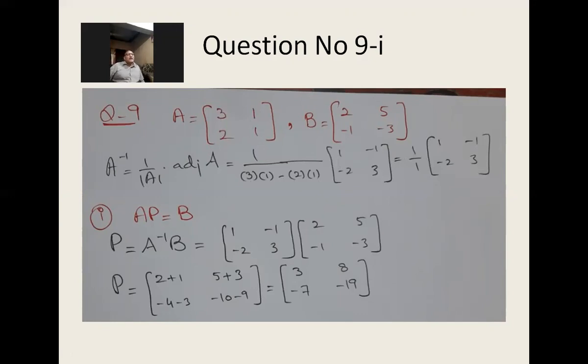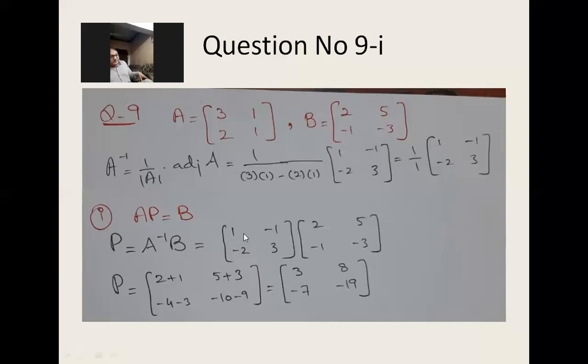Hopefully you understand. And then the first part is that they say AP is equal to B. So I want to find out the value of the P. So P will be equal to A inverse into B, because A here was on the first position on the left side. So when you write its inverse on the other side, that inverse should also be written on the first position.